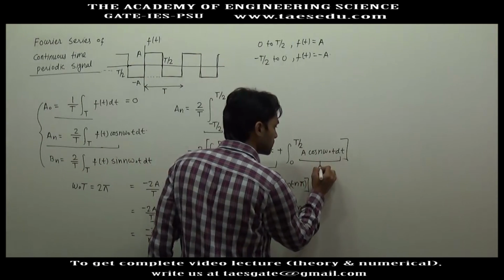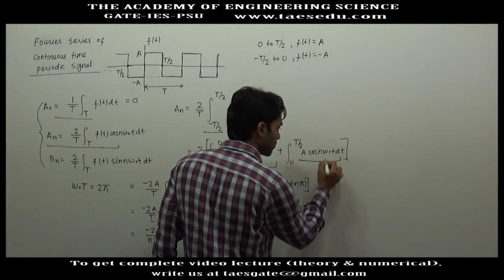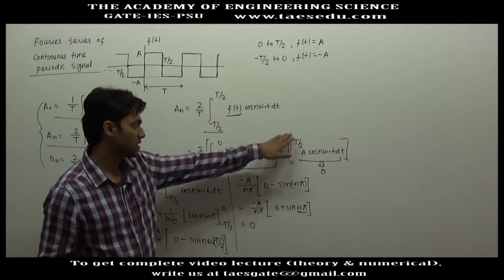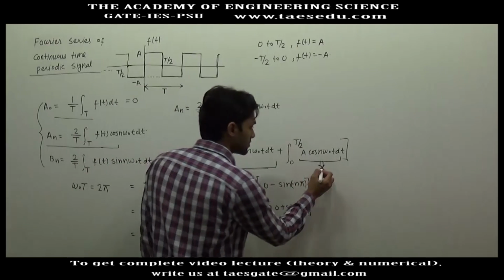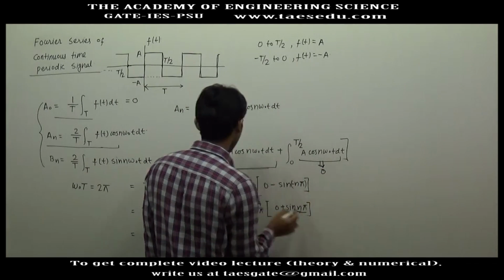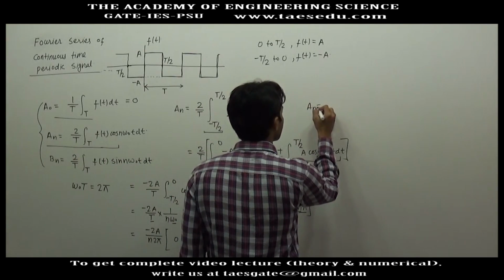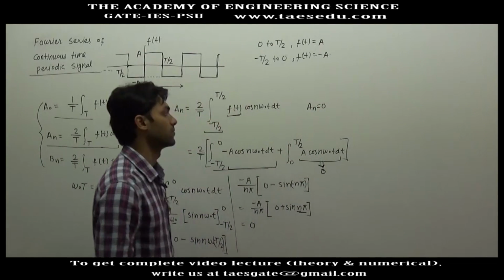So this way, I'm not integrating it because it is the same as the second term except the limit, and I know the answer. This will be 0, so you can check it. So overall, what you are getting is that an is 0 irrespective of the value of n.